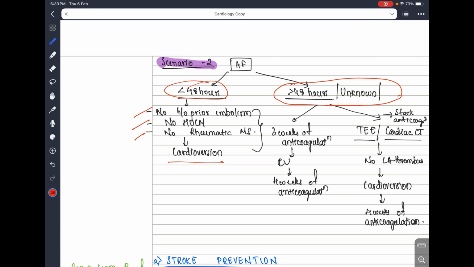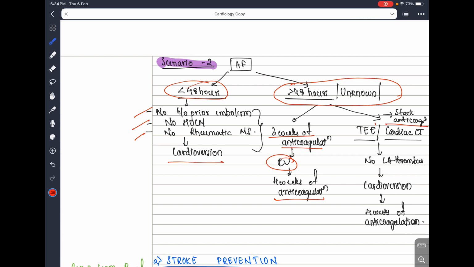Therefore, you have two options. You can start with anticoagulation, continue it for 3 weeks, then do cardioversion, and following cardioversion, continue anticoagulation for 4 weeks. Now, if you want to shorten this course, you can directly start anticoagulation. Starting anticoagulation is a must.